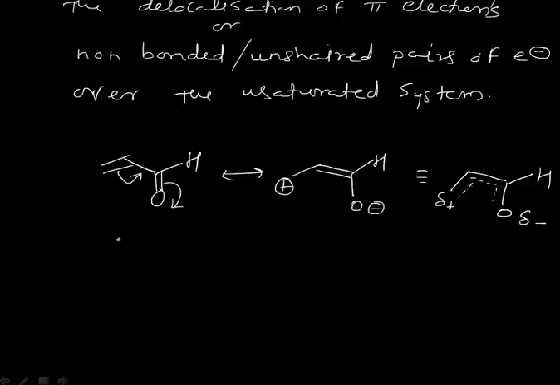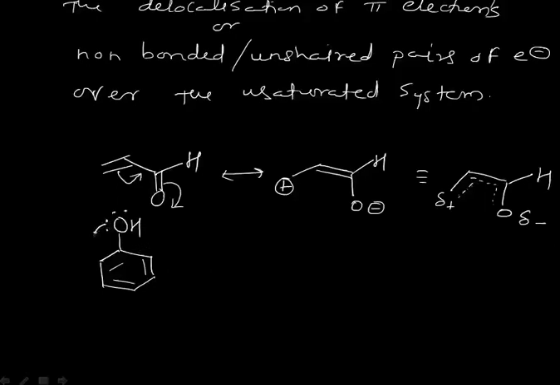Another example we will take, suppose we have phenol. The oxygen of phenol has two unshared pairs of electrons.